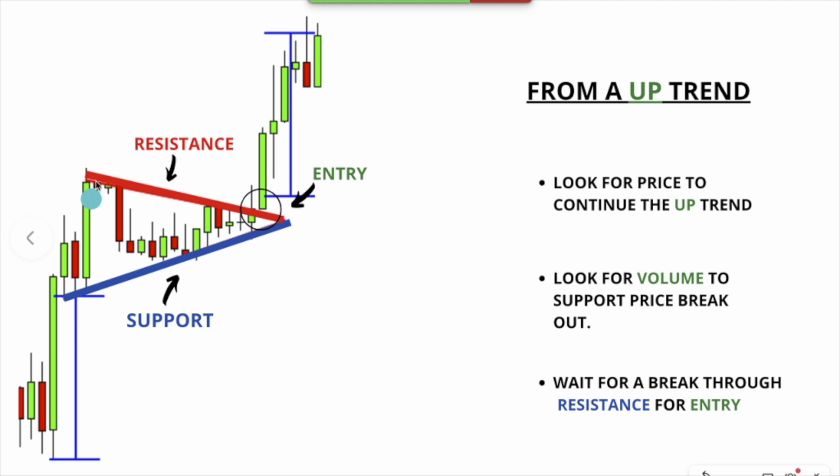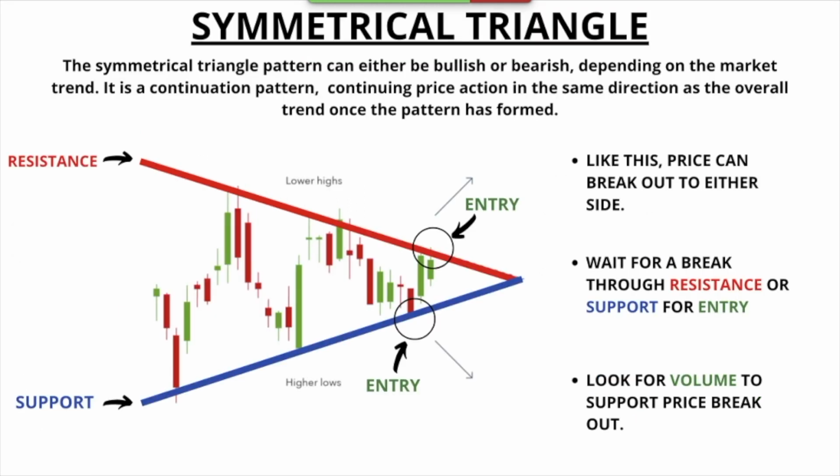right? So you guys have basically just seen three variations of the symmetrical triangle. The first one being where it's neutral, where you probably have a consolidation phase within the asset that you're trading. It may not have a definite trend, but usually when that happens, you want to see a breakout either to the upside or the downside.